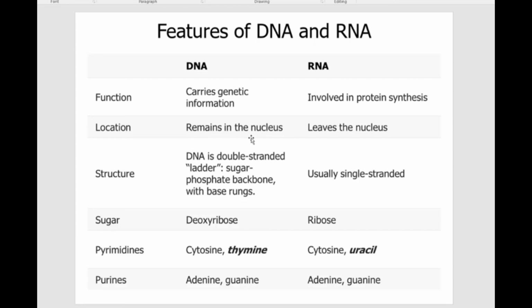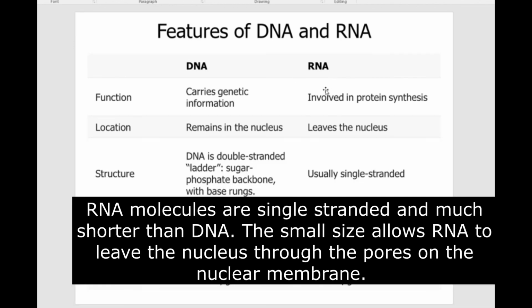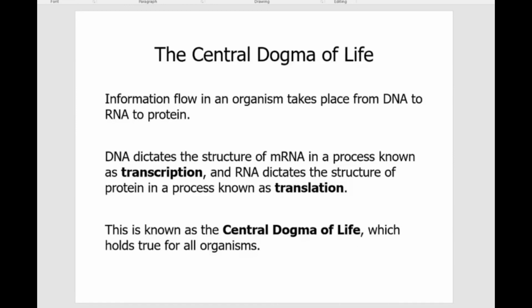So that's why you need messenger RNA to bring the message out of the nucleus to the cytoplasm where protein molecules are produced. But once mRNA is synthesized, it can exit the nucleus and go into the cytoplasm to deliver the information. And then function, we already talked about them.